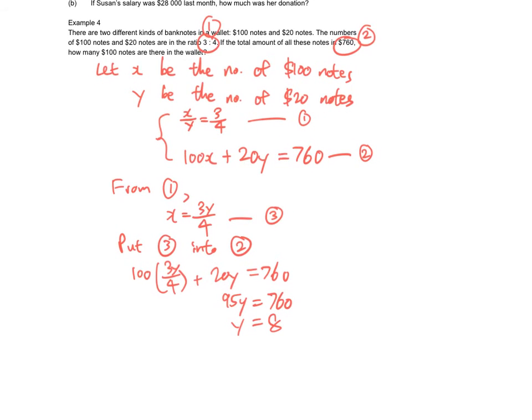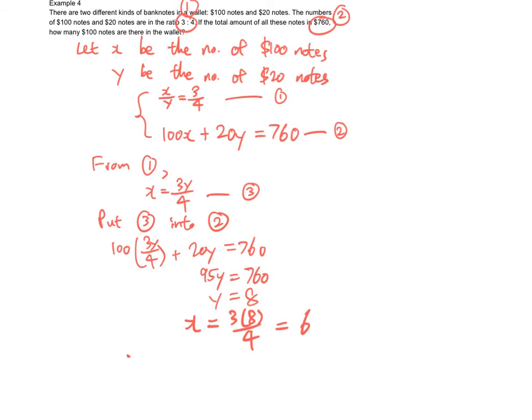You can just put it back and then you can find it. x equals 3 times 8 over 4. So 6. So that's why there are 6 100 notes. Okay. This is the first method.